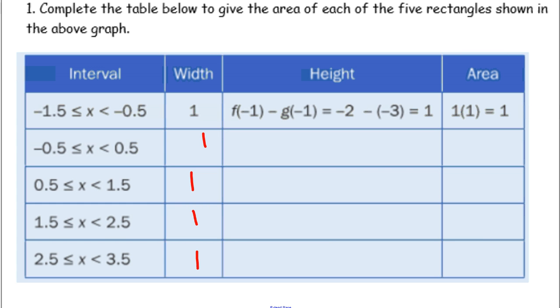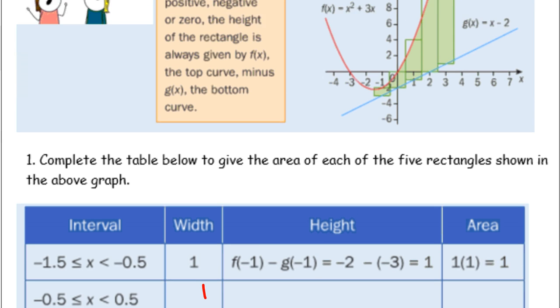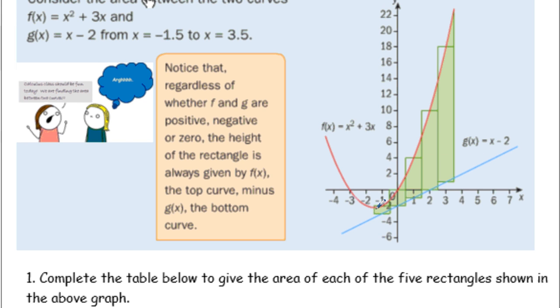So notice what they did here for the first rectangle, negative 1.5 to negative 0.5. Why do you think they're subbing in x is negative 1? Have a look at the graph. It's the midpoint, yeah. Notice they're using the midpoint.